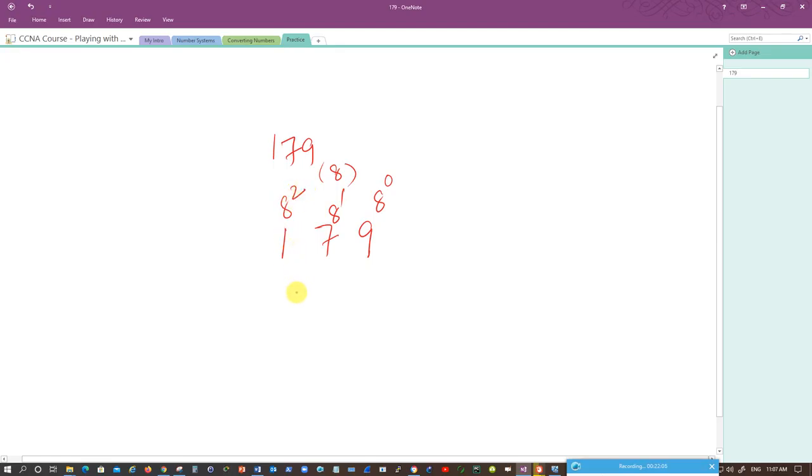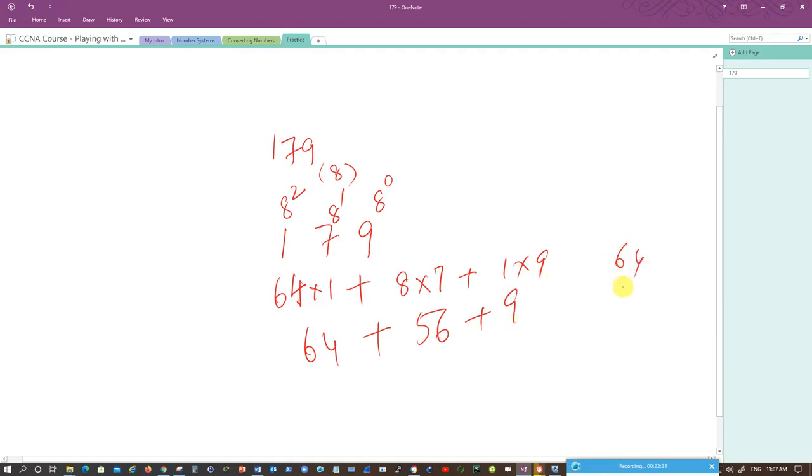So this will be 64, since 8 into 8 is 64. 64 into 1 plus 8 into 7 plus 1 into 9. 64 plus 56 plus 9, that is 64 plus 65, will be 129. So 129 is the decimal equivalent of octal 179.